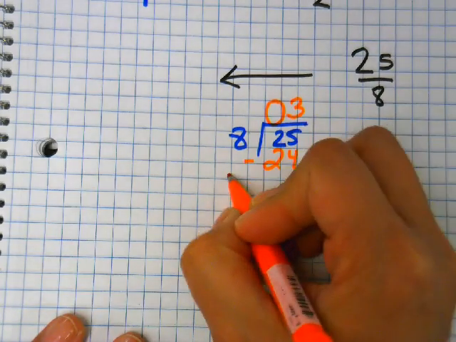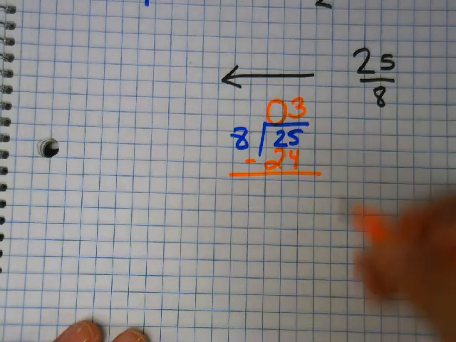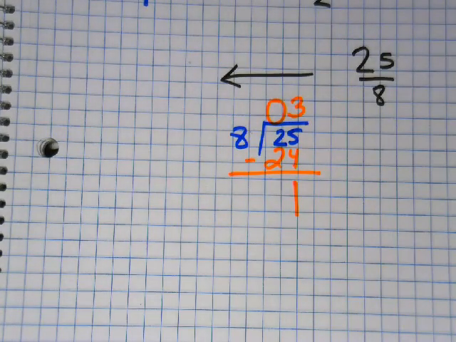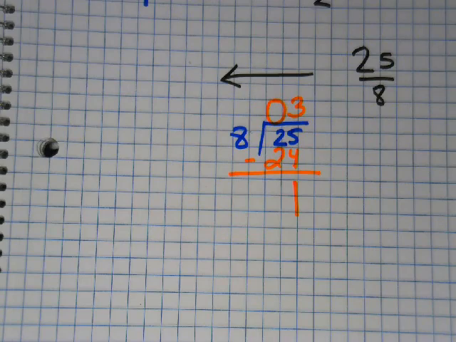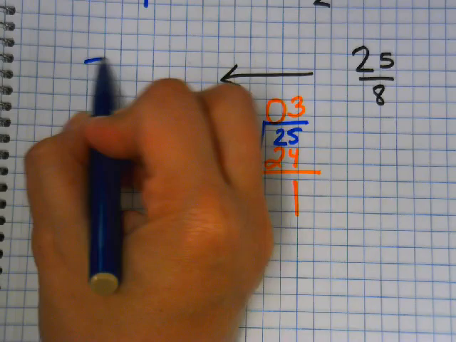Okay, what's 25 minus 24? 1. Usually we add a decimal, add a 0, right? But when we're doing fractions, we stop right there. Now, you see this number right here? This number becomes your big whole number.